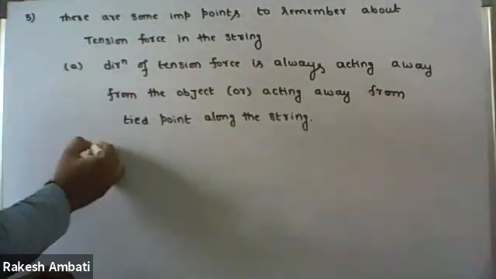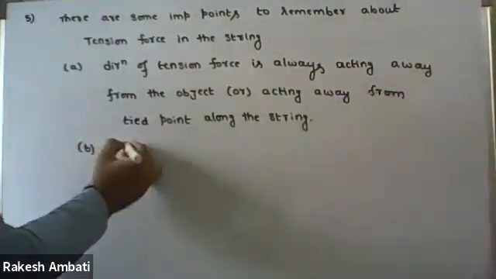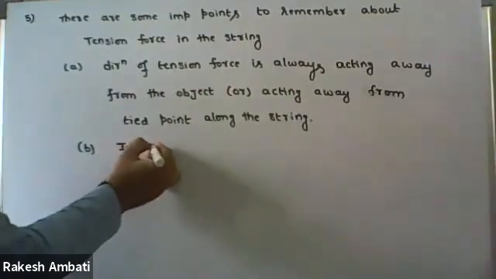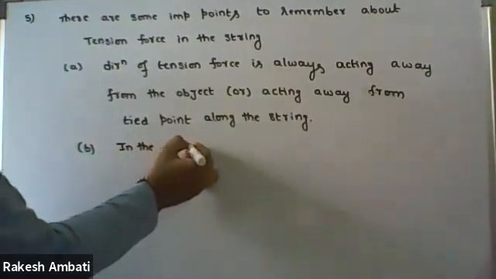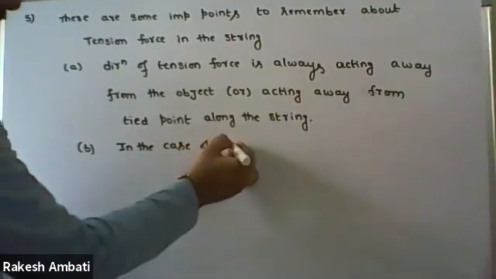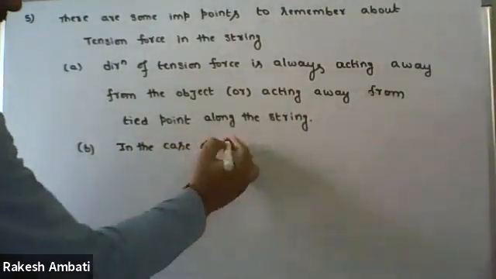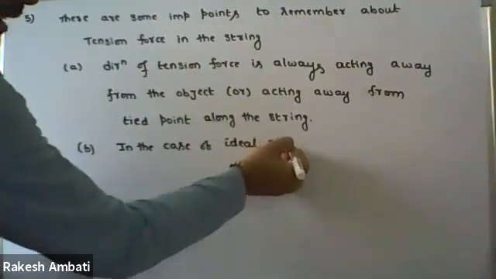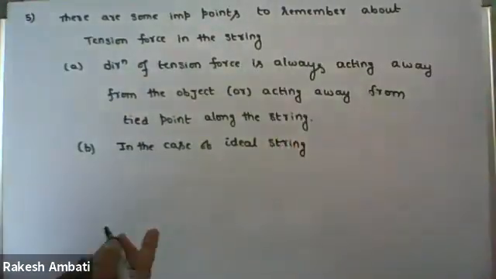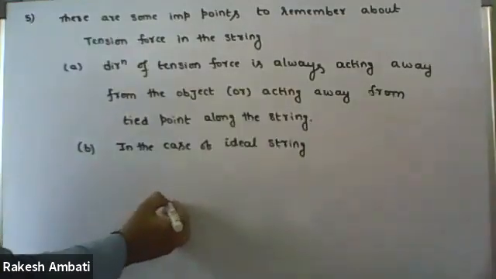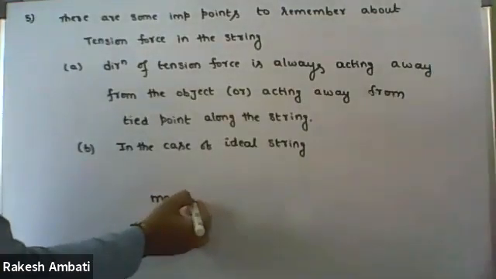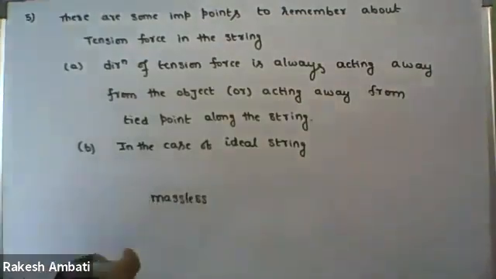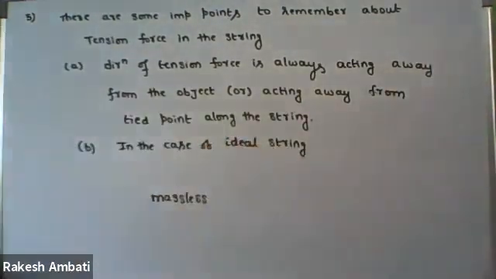Second point B: in the case of an ideal string. I already told you about the ideal string. What is the meaning of ideal string? It is massless and inextensible. Please refer to the last concept, where we already did the ideal string characteristics.